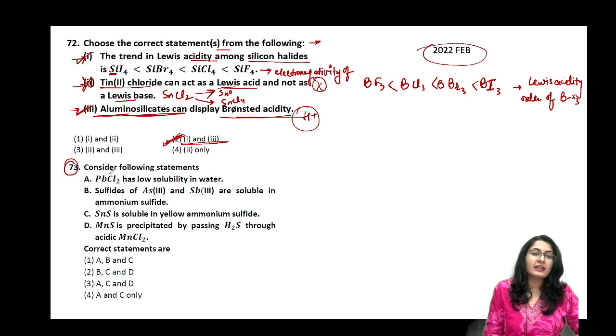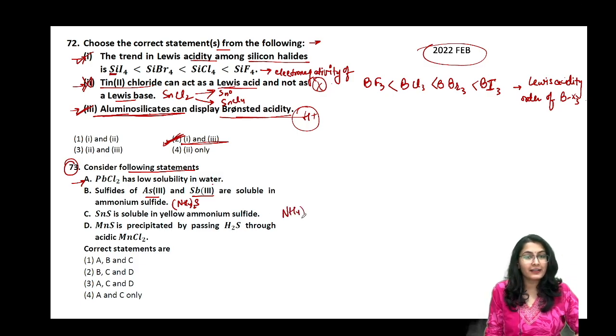Right, and last, consider the following statements. PbCl2 has low solubility in water. Sulfides of arsenic(III) and antimony(III) are soluble in ammonium sulfide. SnS2 is soluble in yellow ammonium sulfide, whole twice S. MnS is precipitated by passing H2S through acidic MnCl2.